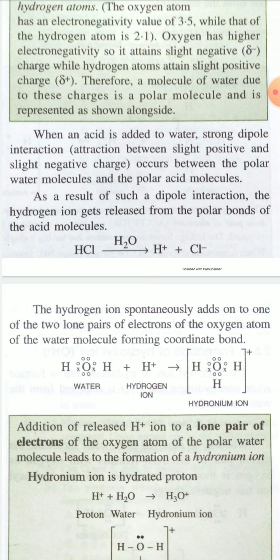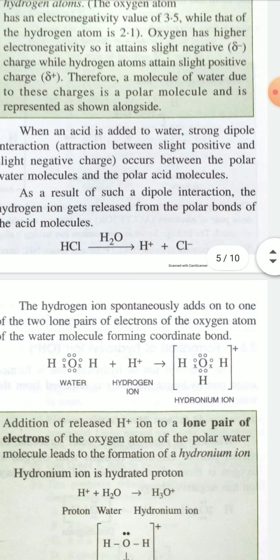Now this H plus ion released from the acid will combine with any one lone pair of electrons of the oxygen atom, forming a coordinate bond. So this is a hydronium ion, the ion formed after combination of the water molecule with the H plus ion.